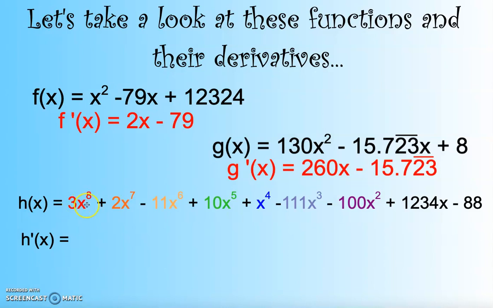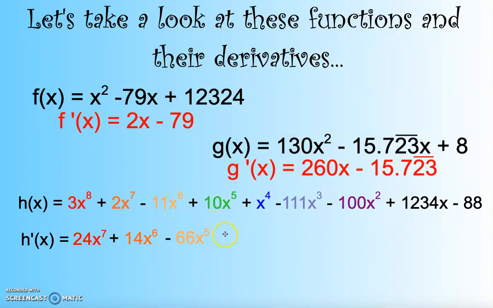3x to the 8th becomes 24x to the 7th. This orange one, 2x to the 7th, becomes 14x to the 6th. Maybe I've got a couple more of you. This yellow one, negative 11x to the 6th, becomes negative 66x to the 5th.